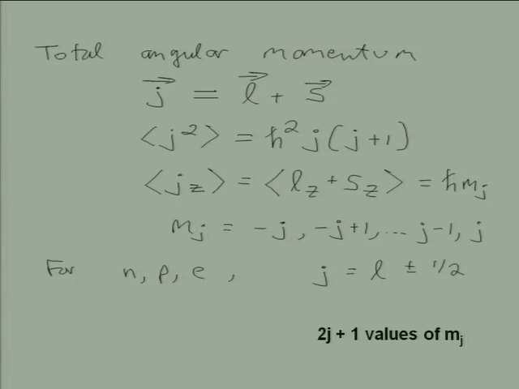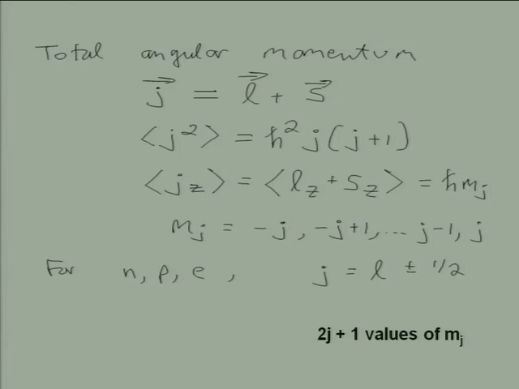So J sub Z, and this will also be quantized, okay? It will be quantized in half integer units of h bar. S sub Z is going to be a half an integer, L is going to be an integer. And if I have a certain value of J, given by the upper expression here, then J sub Z, the Z projection of that angular momentum, can take on 2J plus 1 separate values.